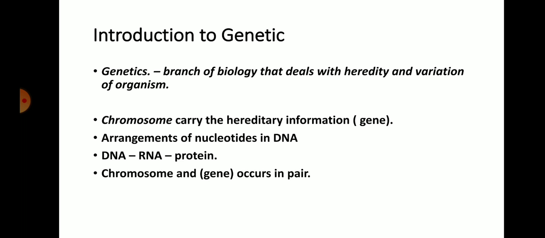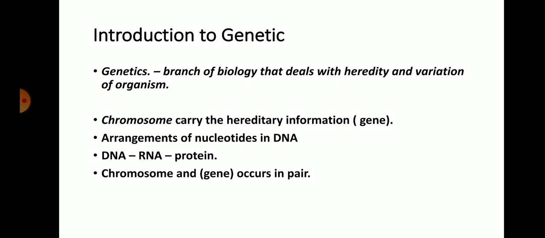So in genetics we study this transmission of characters, how it occurs in the organism, what kind of variation occurs in the organism, and how these characters are transmitted from one generation to another. All this we study in the genetics branch.